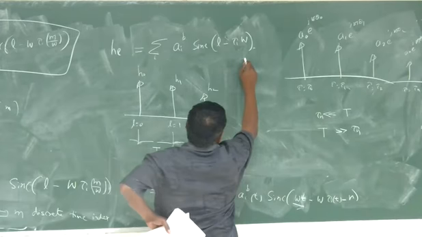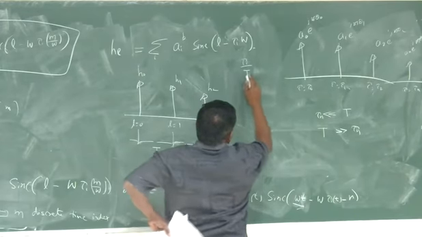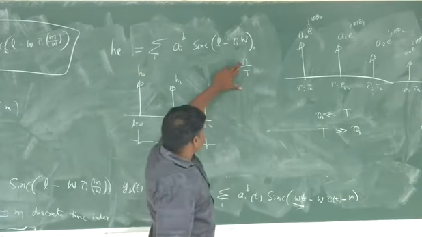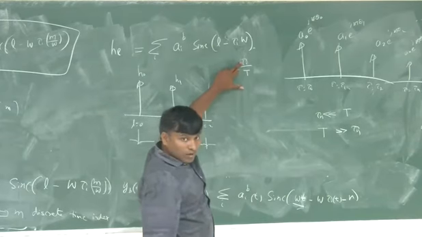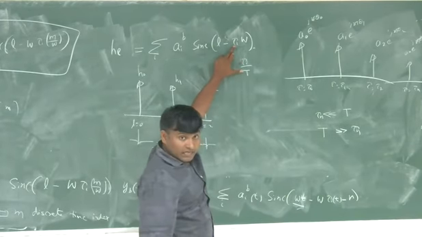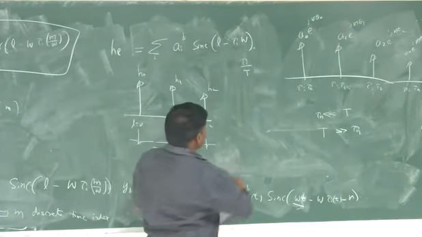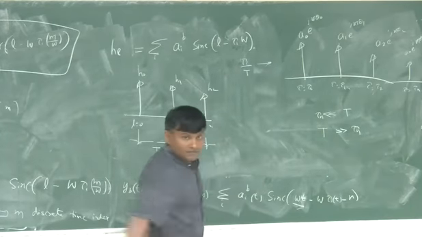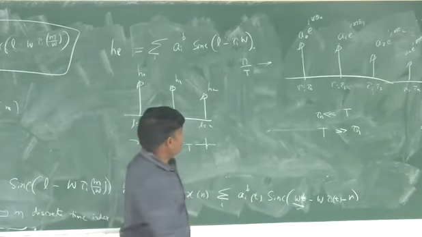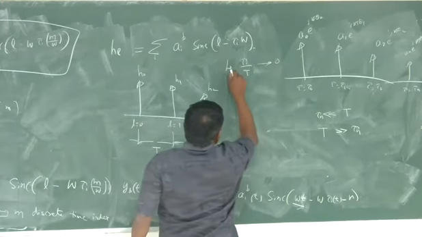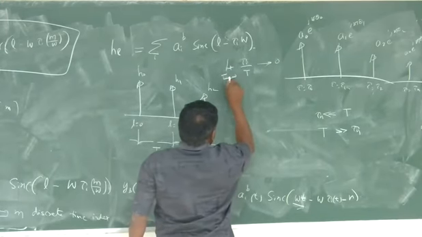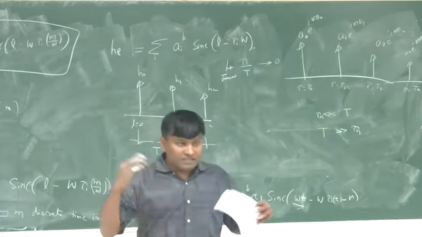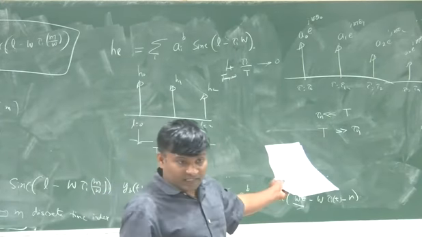how will this look? Tau i by T, where T is infinitely large compared to any tau i, tends to 0 in the limiting case as T tends to infinity. Of course, this is hypothetical, saying T is very large compared to any tau i that you see.